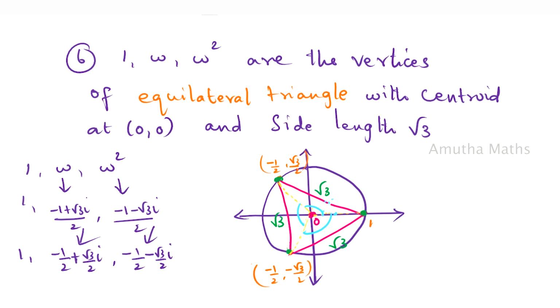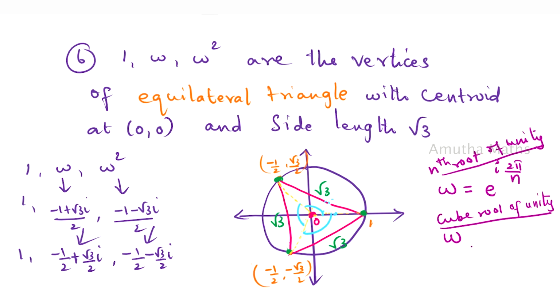See, for nth roots of unity, we have already studied omega is equal to e power i into 2 pi by n. For cube roots of unity, what will you get? Omega is equal to e power i into 2 pi by 3.